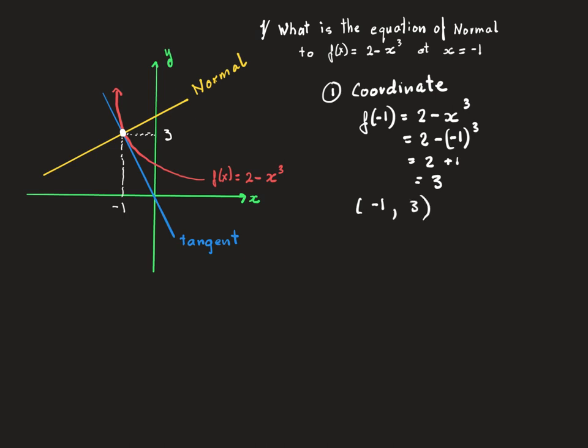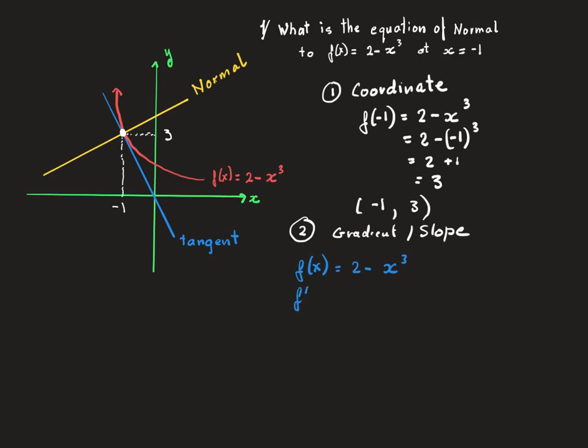The second thing that we've got to be looking for is the gradient or the slope. To find the gradient, you're going to have to find the derivative of that function. So our function is f(x) = 2 minus x cubed.